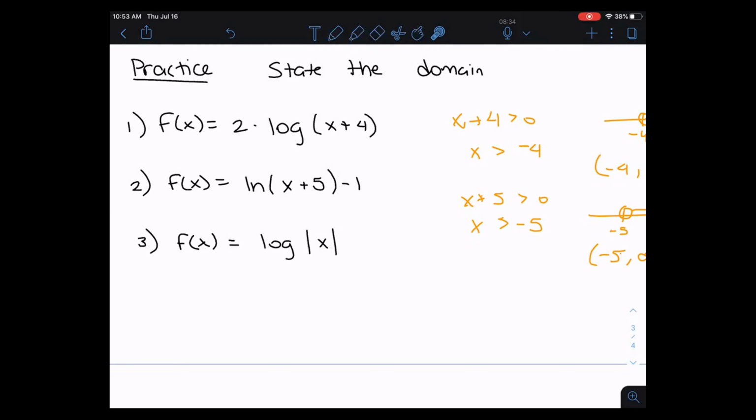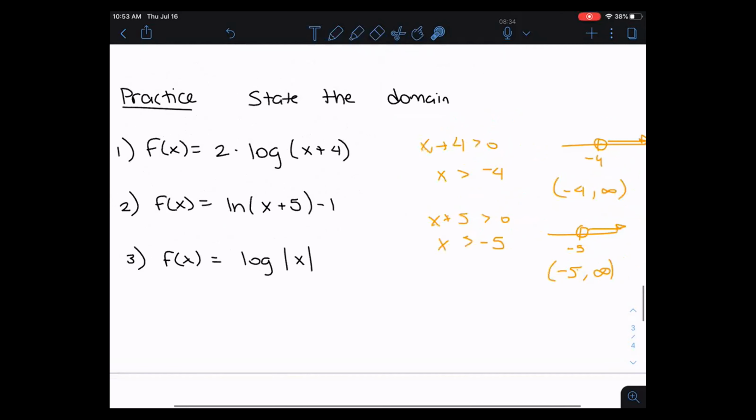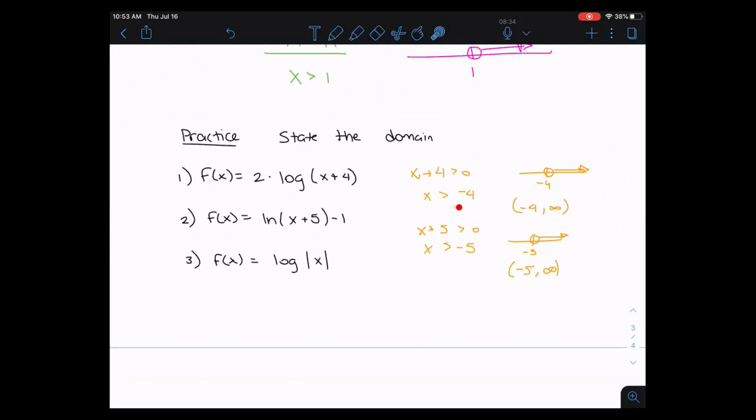If you're doing compositions there might be, but for now I'm going to say no. In the examples I've shown you for log so far, it's not going to include this point, so you will always have parentheses around the domain because it's not including the point. That was one of the questions I saw in the chat.